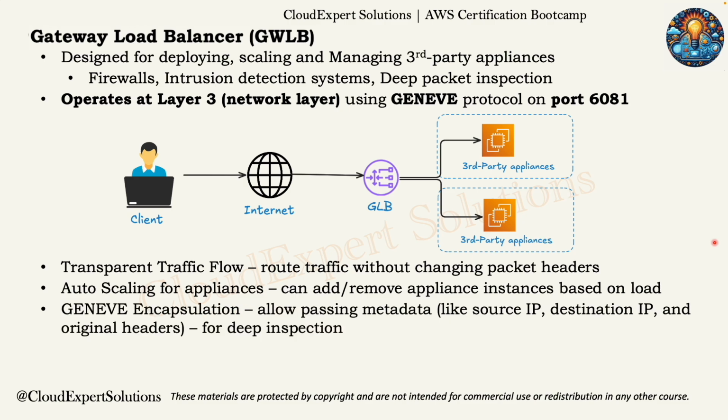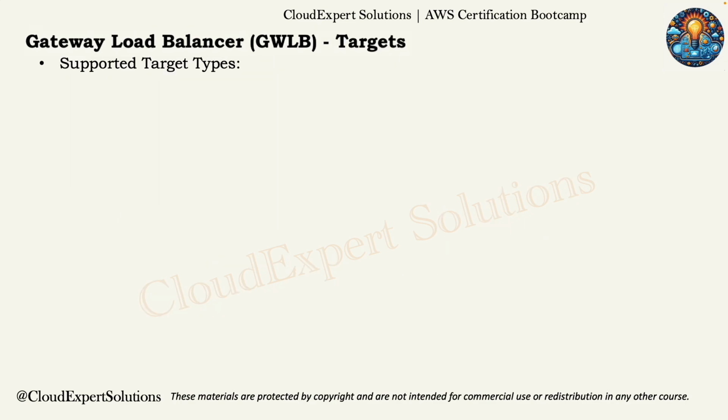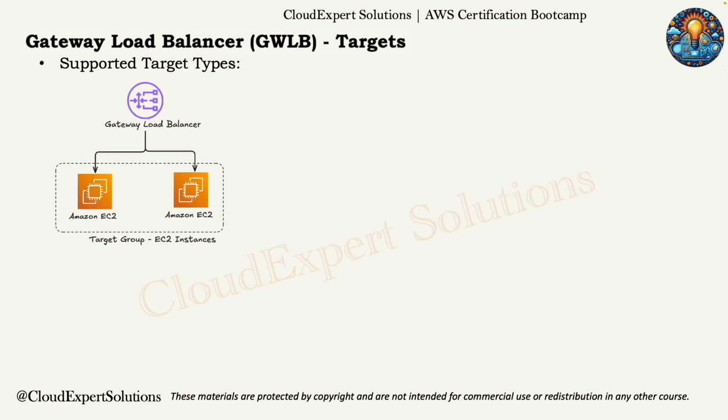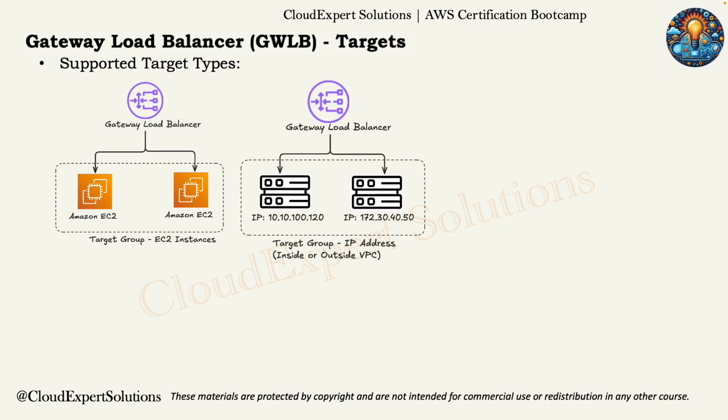Please remember, gateway load balancer provides GENEVE encapsulation, which means it allows passing metadata like source IP, destination IP, and original headers along with the traffic for deep inspection, and it does not alter these attributes. In terms of supported target types, gateway load balancer can have a target group consisting of EC2 instances running your security appliances, or you can also have private IPs as your target.